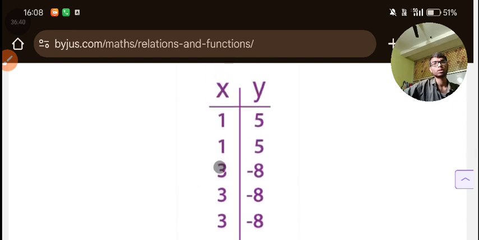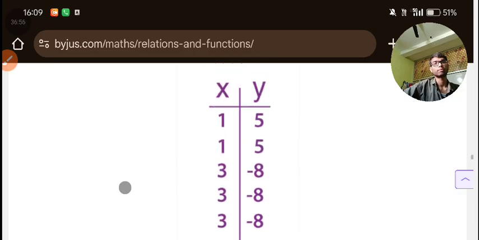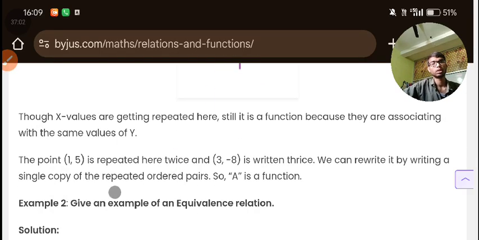Here x values are repeating. Though x values are getting repeated here, still it is a function because they are associated with the same values of y. The point (1, 5) is repeated here twice, and (3, -8) is written thrice.